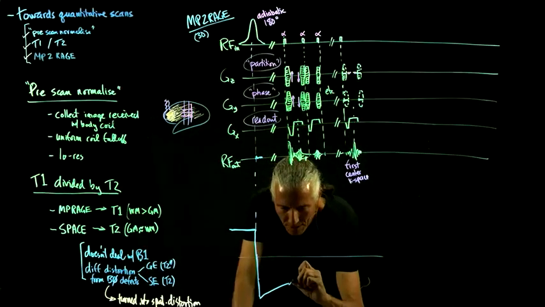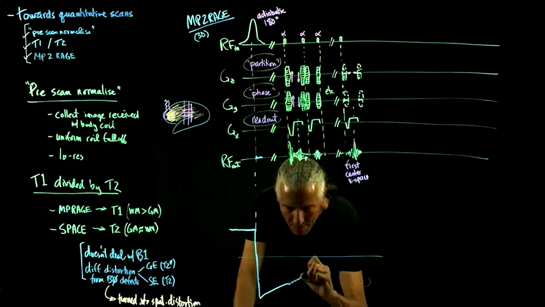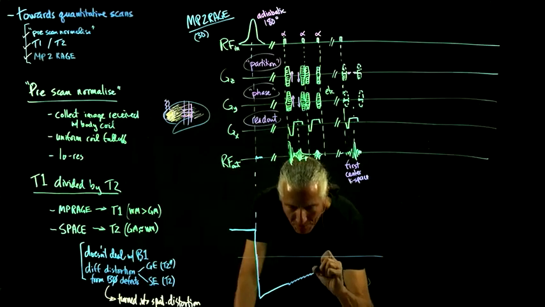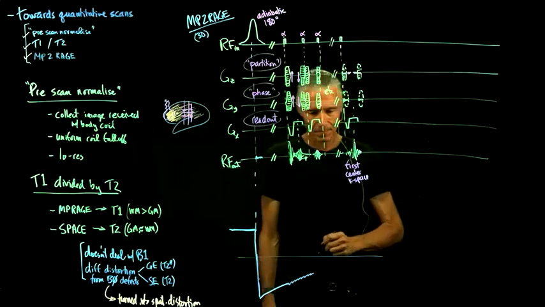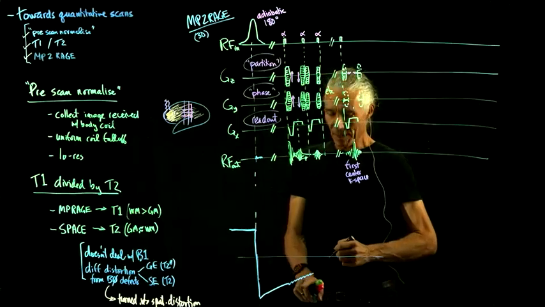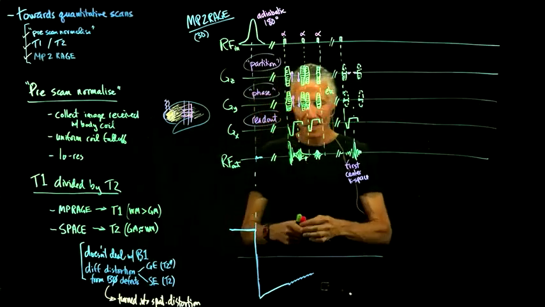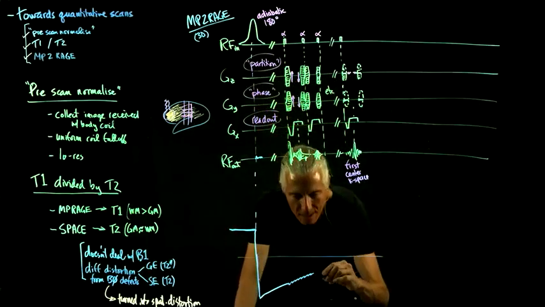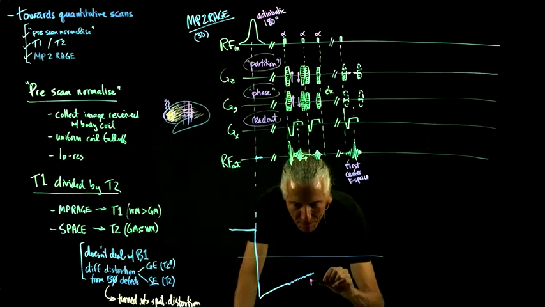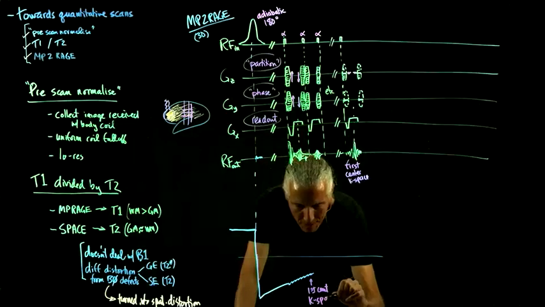So here are those alpha pulses, and there are about 100 of them. I only drew a couple there. And this is the first center of k-space, well before we've gotten up to 0.